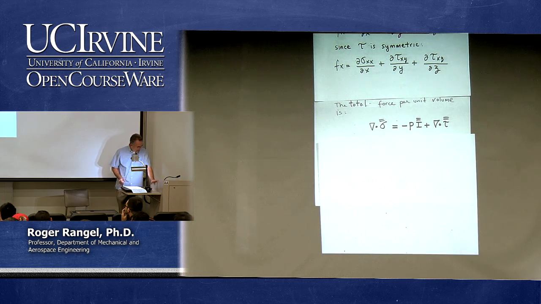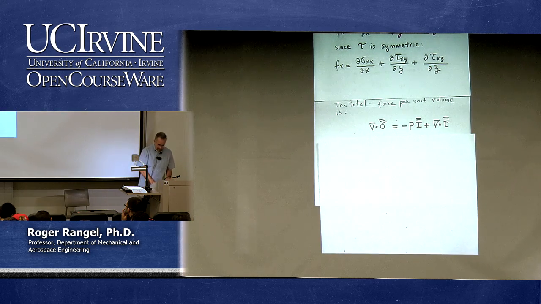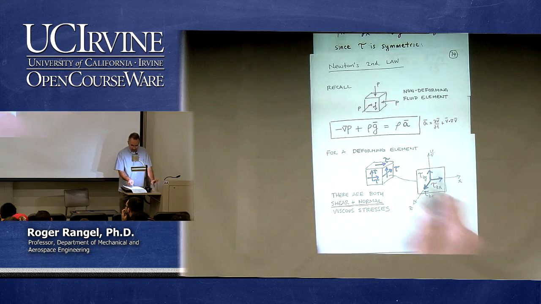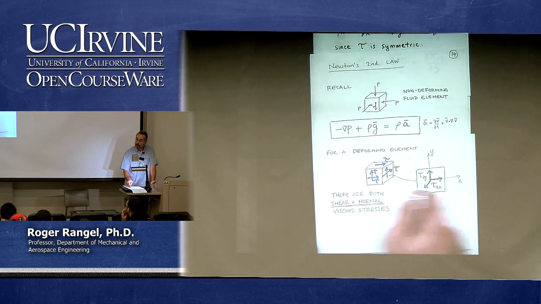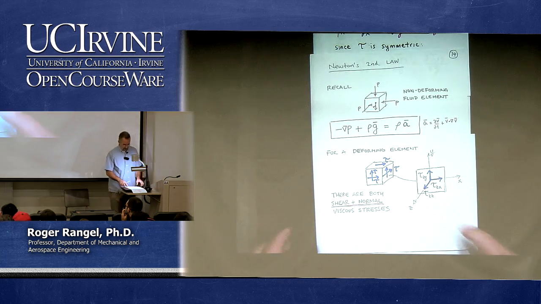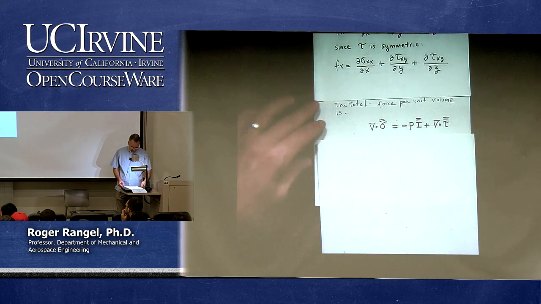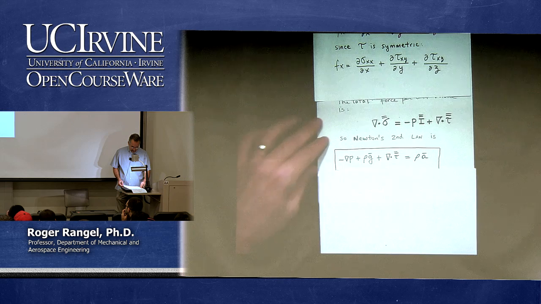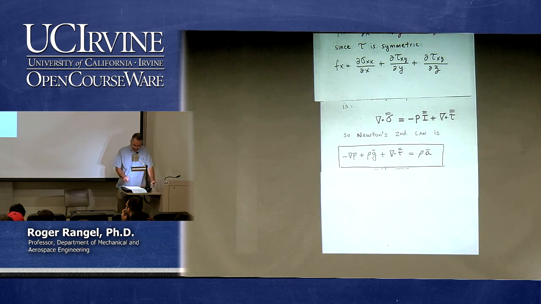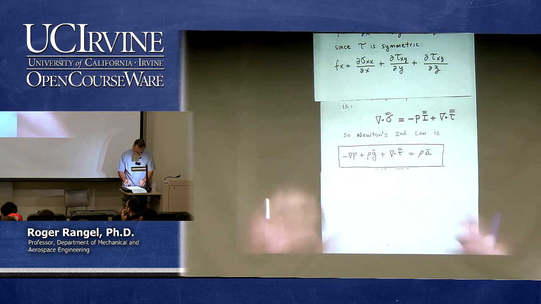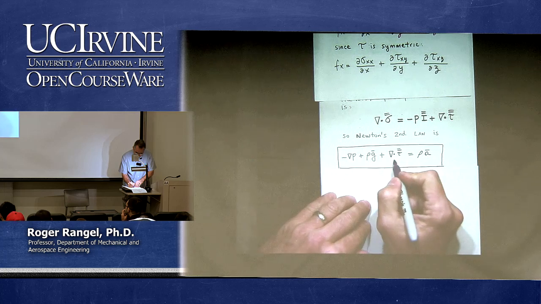So when I go back and take what was my original equation right there, this was Newton's second law without the shear stresses, the viscous stresses, rather. When I put them back in, I get this new term. This is the new term right here.